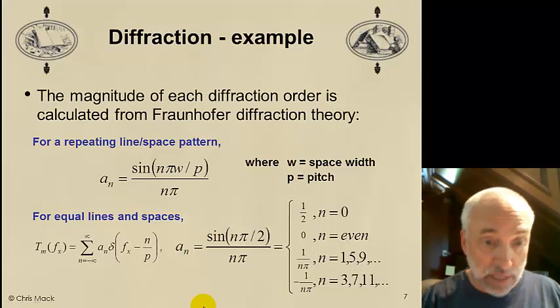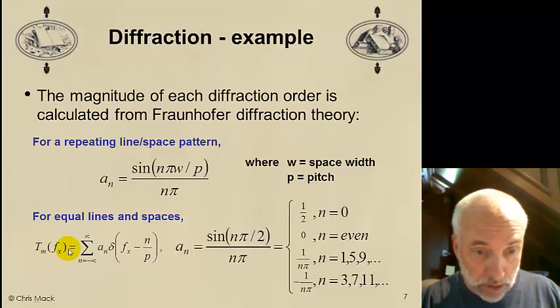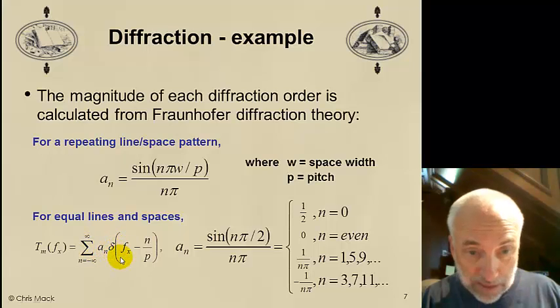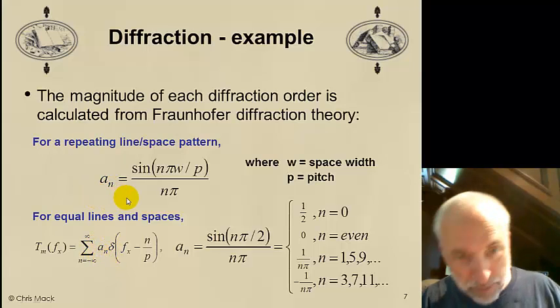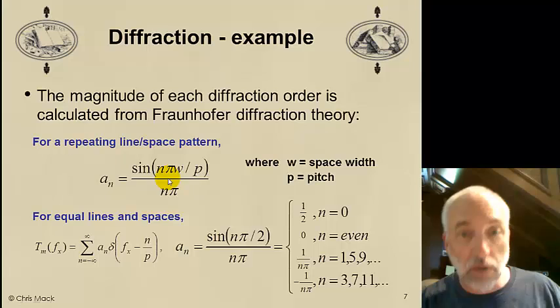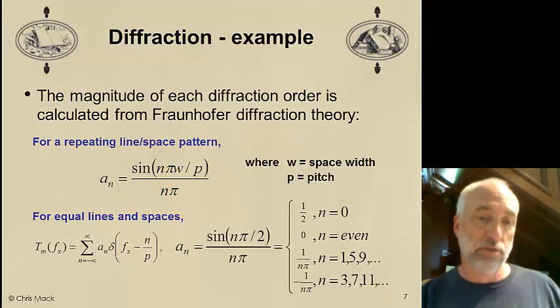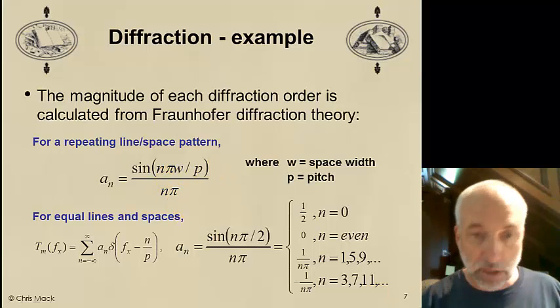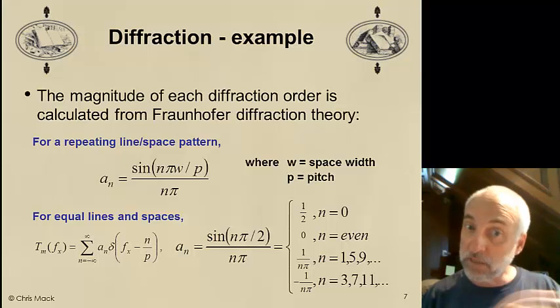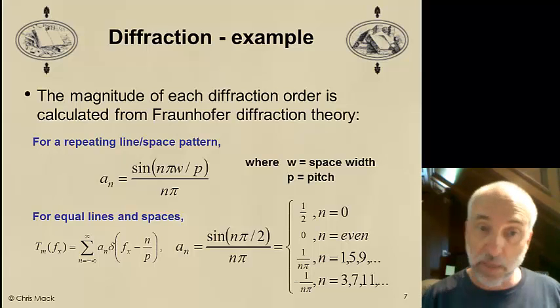The answer is the diffraction pattern is the sum of these Dirac delta functions multiplied by an amplitude. The amplitude is none other than the sinc function at that particular frequency. Remember the sinc function, it's the diffraction pattern of an isolated space.